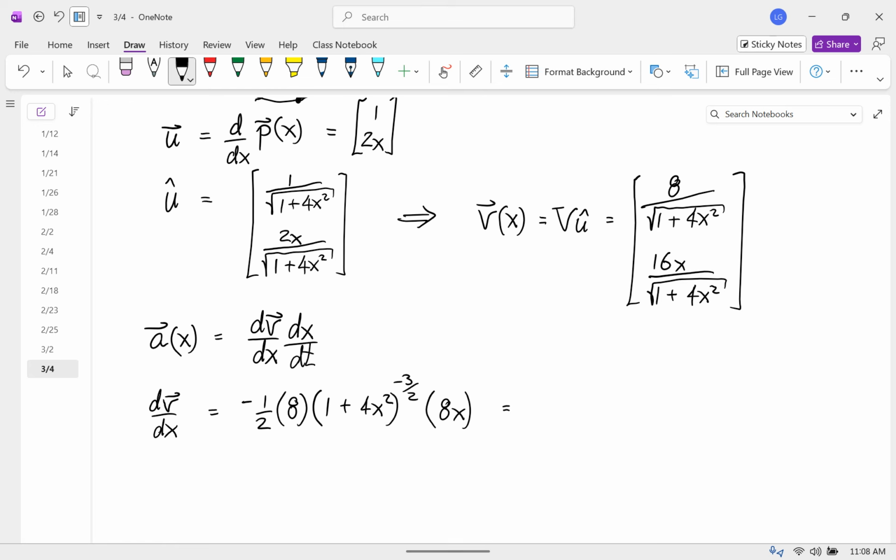And so that is negative 32 over 1 plus 4x squared to the 3/2.